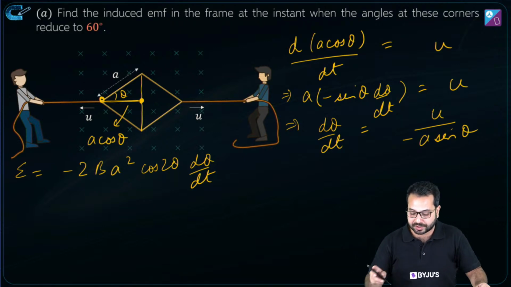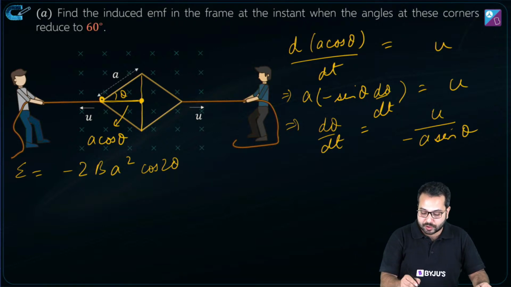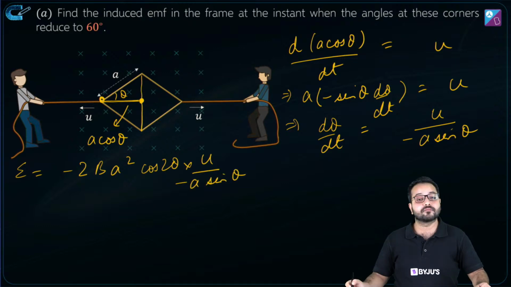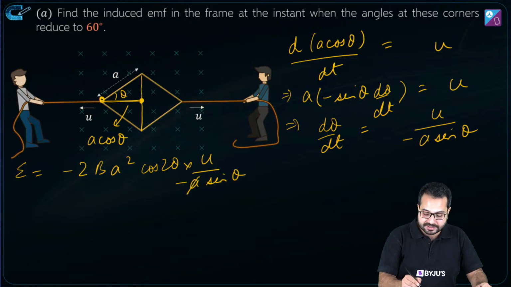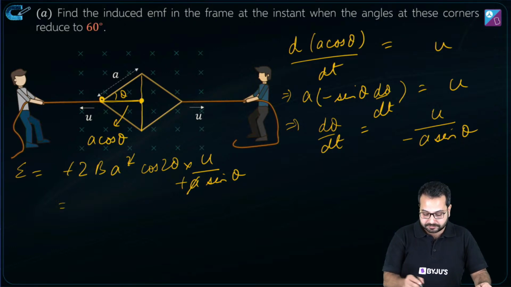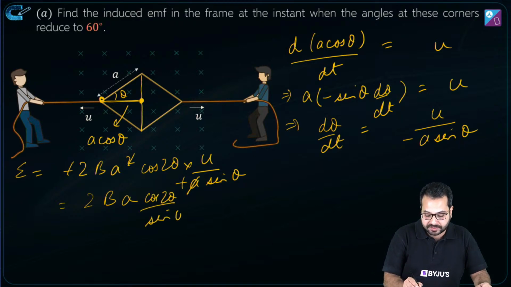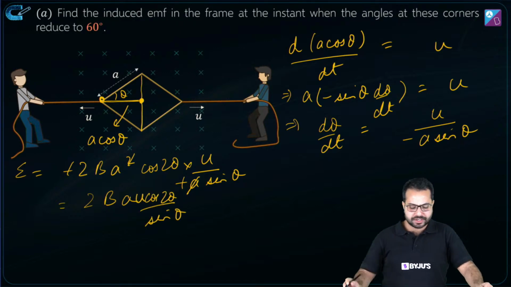So this d theta by dt is going to become u upon minus A sine theta. So this A and this A is gone, this minus and minus is gone. So what do we get? We get 2BA into cos 2 theta divided by sine theta, and there's a u here as well.